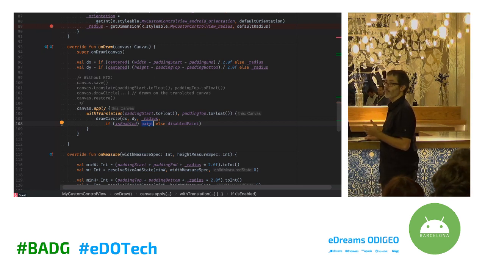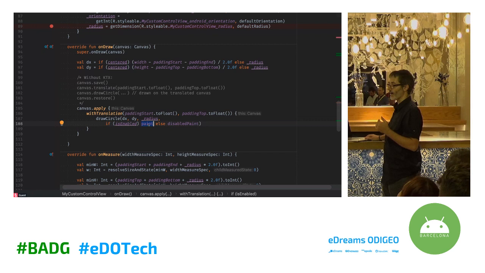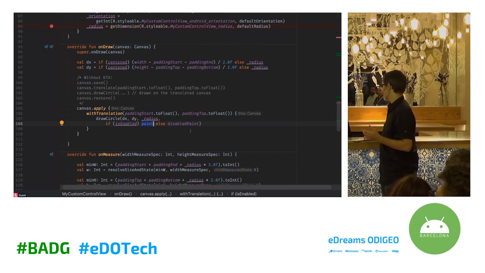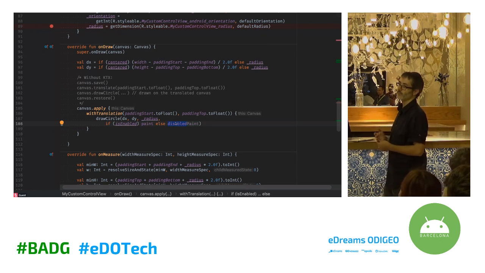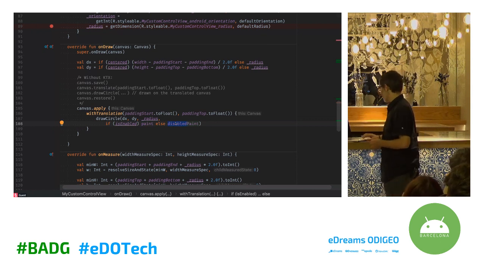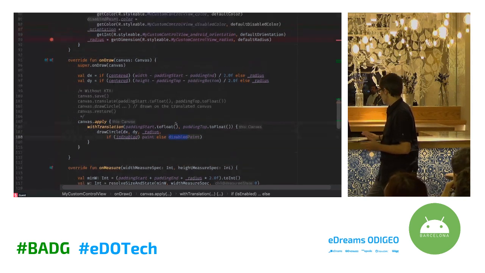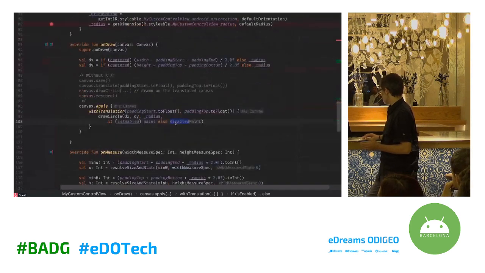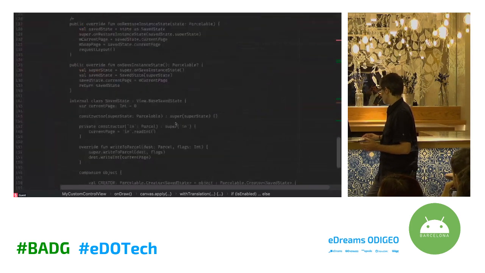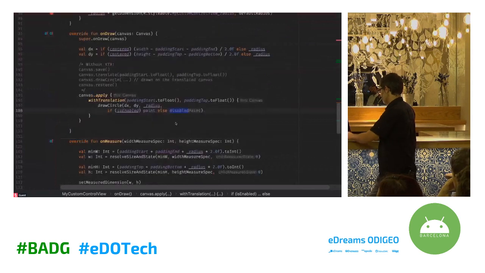But I'm using the paint with the color for the enabled case. And if not, I'm using the disable paint, which is the other paint. And I'm using this to draw the circle. So basically that would be this simple example.